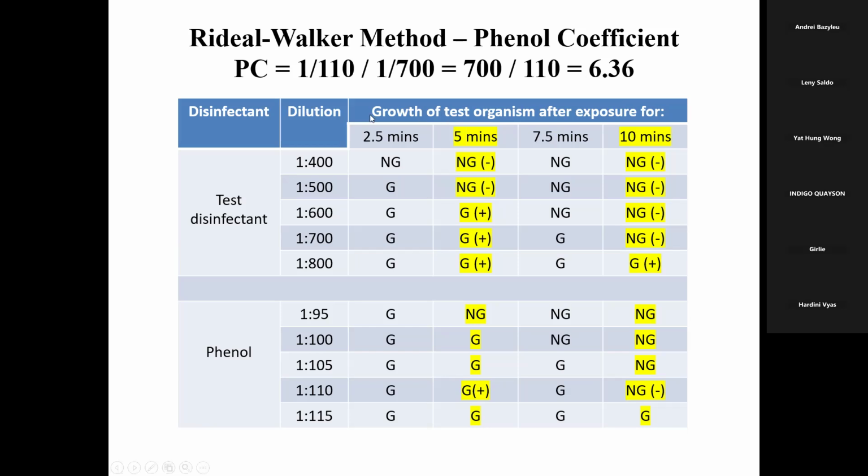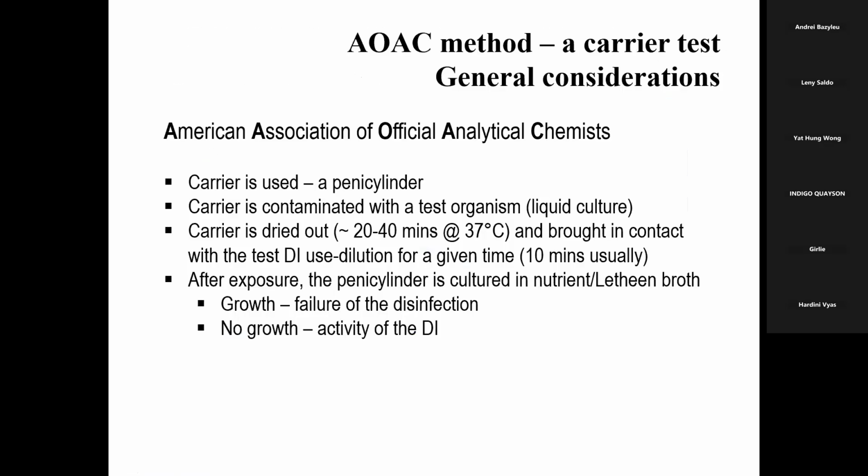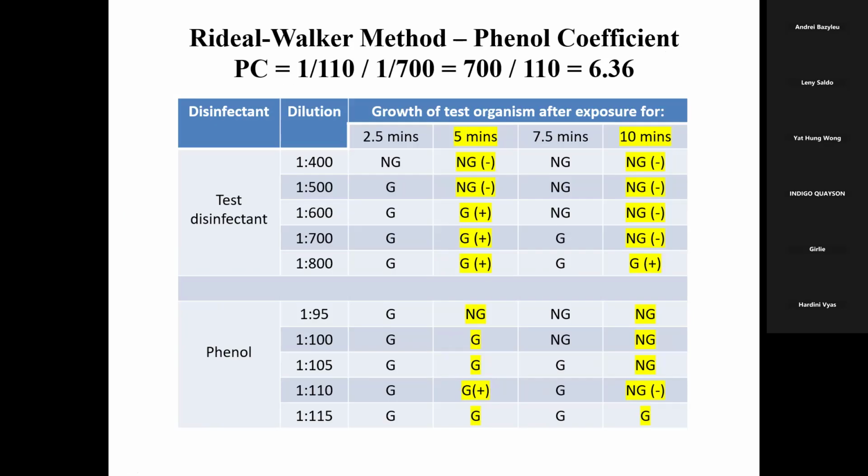But as far as how to read the table from the first week, or how to identify the phenol coefficient based on these kind of tables, that's what we have on this slide. Before we move on, everybody else, this was explained as well, pretty much the same way I just did it now, two weeks ago before the test.